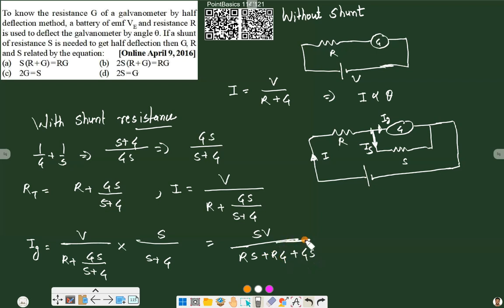Now this is the galvanometer current in this circuit, and it is proportional to half of theta. So it is proportional to theta by 2.